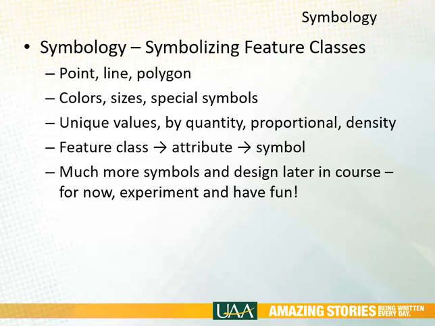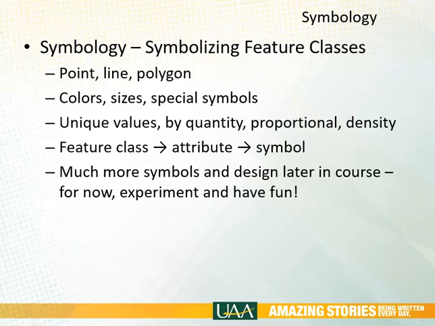We'll be talking more about this later on, but there are things called unique values, or using quantity to symbolize, making proportional sizes of points, for example. There are a bunch of different ways to do this. However, what you need to do, generally speaking, is have a feature class with attributes and then symbolize one of those attributes. We'll do more on symbols and designs later in the course.